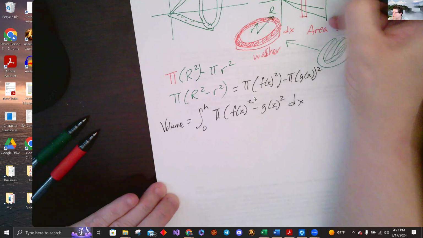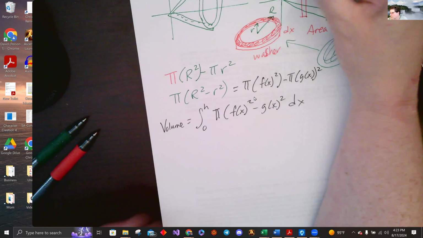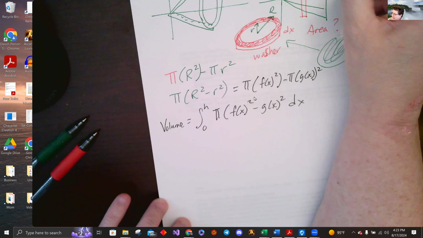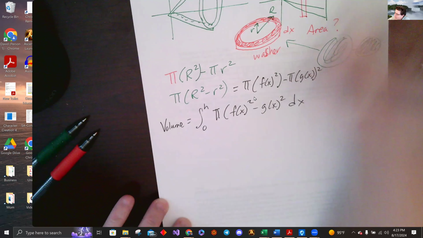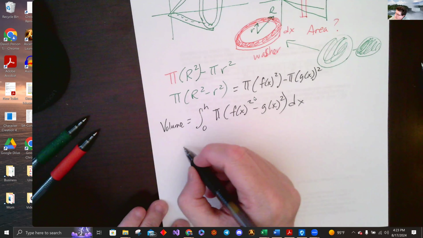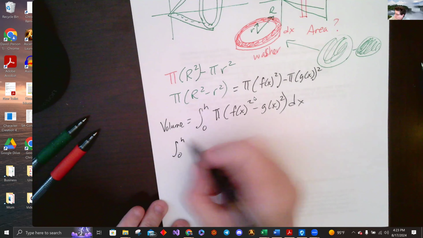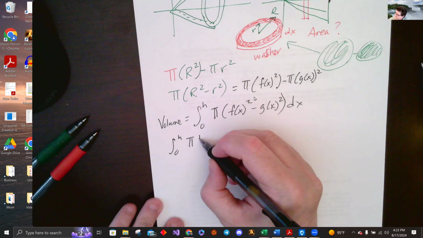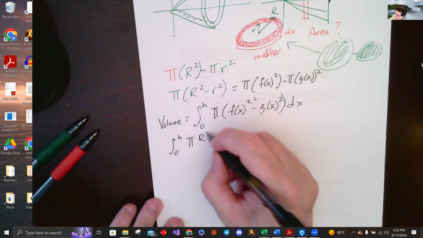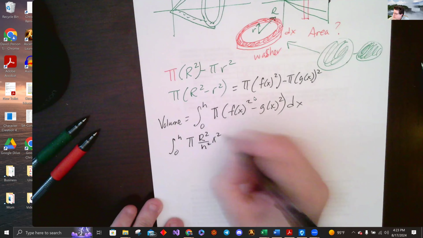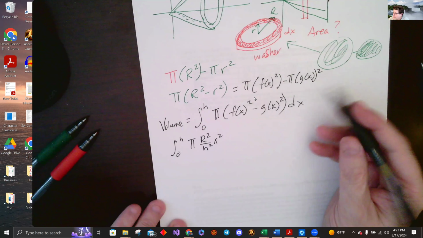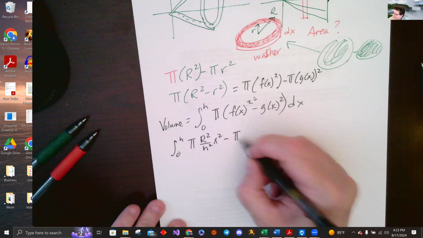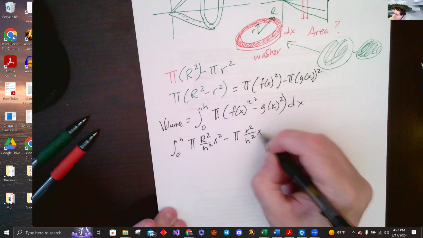We already saw the formulas of these lines. It was y equals R over h x. So on the f of x, we had capital R squared over h squared x squared minus pi times little r squared over h squared x squared.